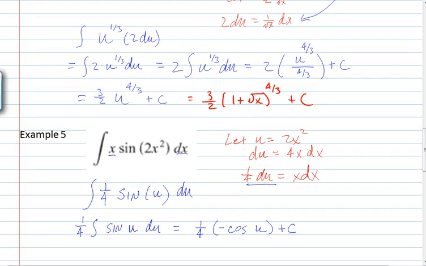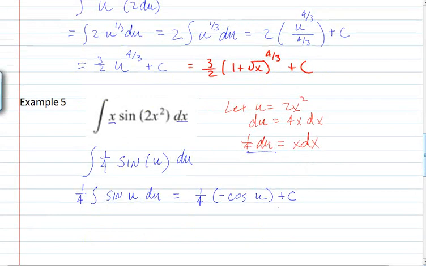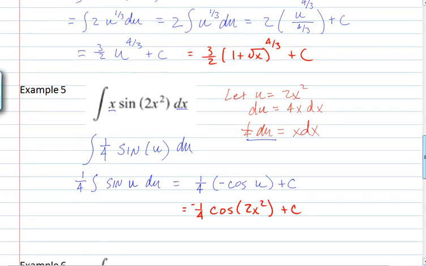You've got to remember all that and keep it straight. But we don't want the final answer to have a u in it. We want the final answer with an x. So this is going to be negative 1/4 cosine of 2x squared plus c. Not so bad.